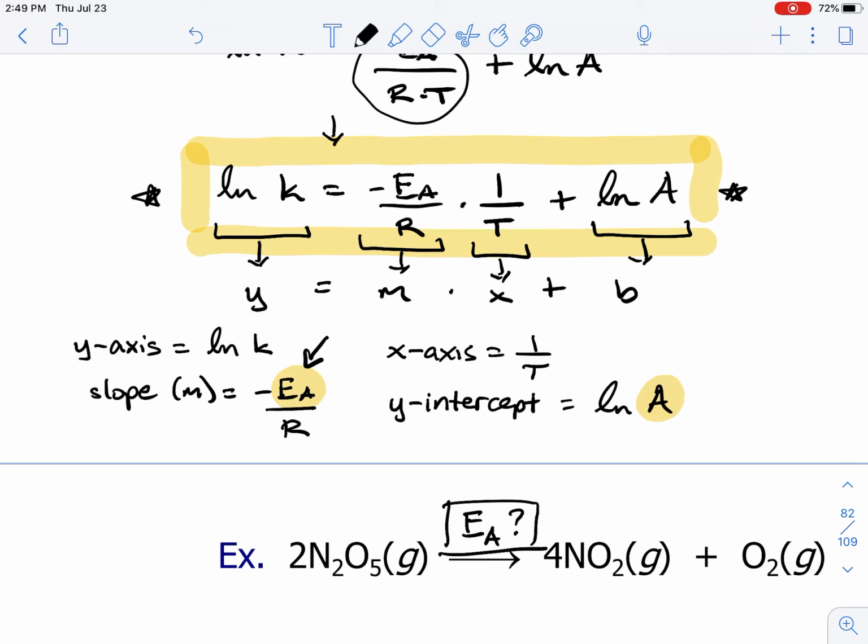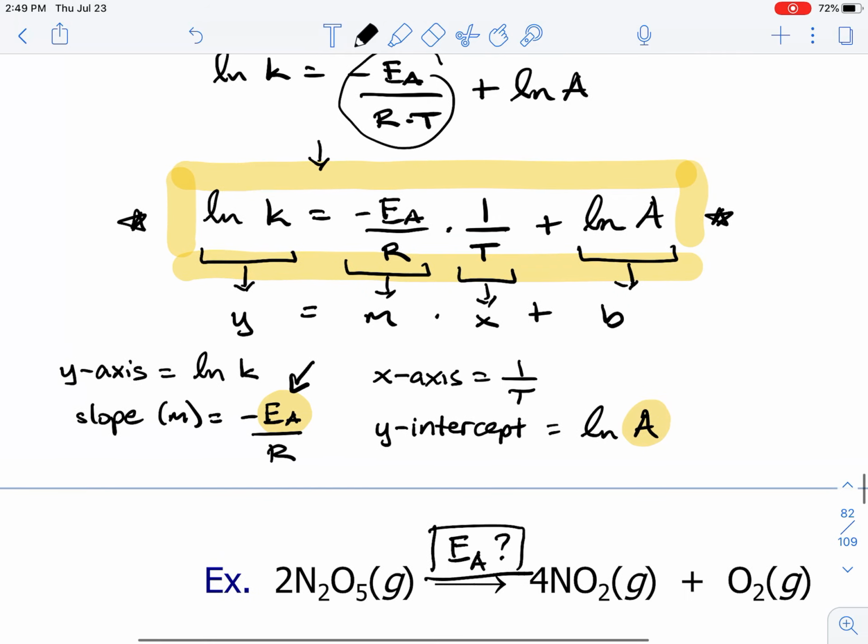And so typically when you're trying to figure out the activation energy, and if you want to do this experimentally, you need to graph or collect 2 items. So notice that the y-axis is the natural log of the rate constant.